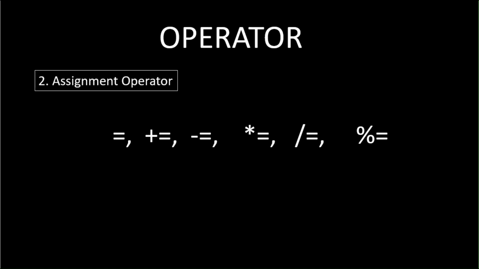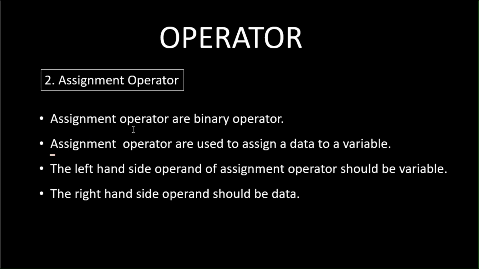And what are the rules of the assignment operator? Assignment operators are binary operators. Assignment operators are used to assign data to variables. The left-hand side operand of an assignment operator should be a variable, and the right-hand side operand should be data.